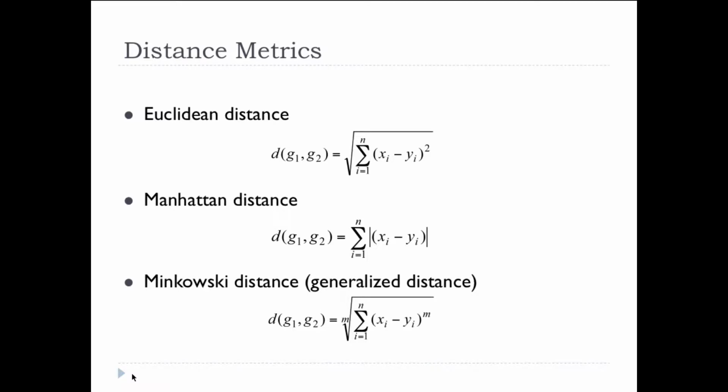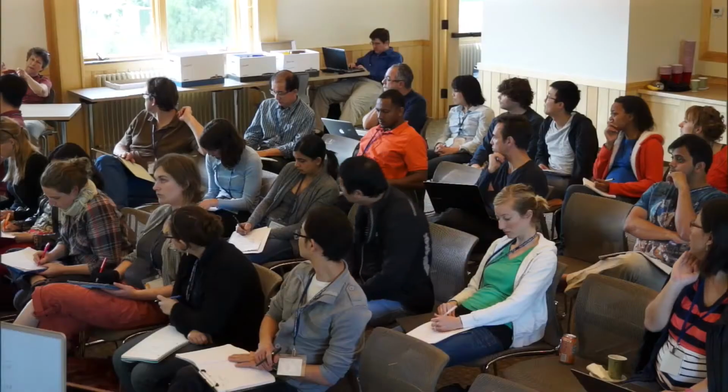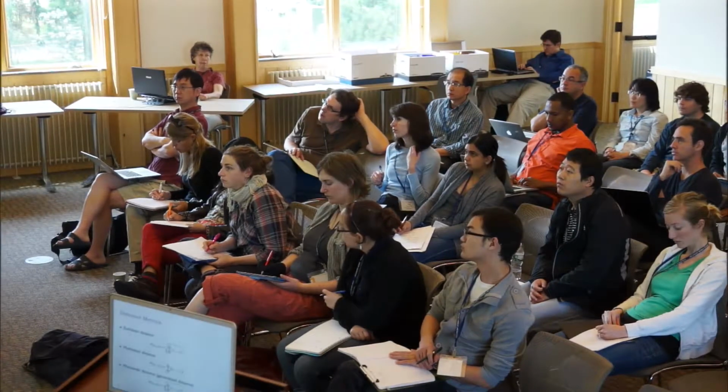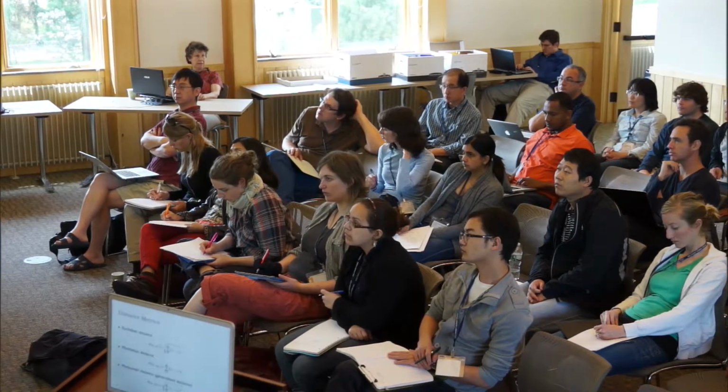So if we replace m here by 2, then we have Euclidean distance. If we replace m here by 1, then we have Manhattan distance. And we can use Minkowski distance to weight things a little bit differently. I think for the Minkowski distance, you need absolute value. Yeah, you're right. There should be an absolute value here.